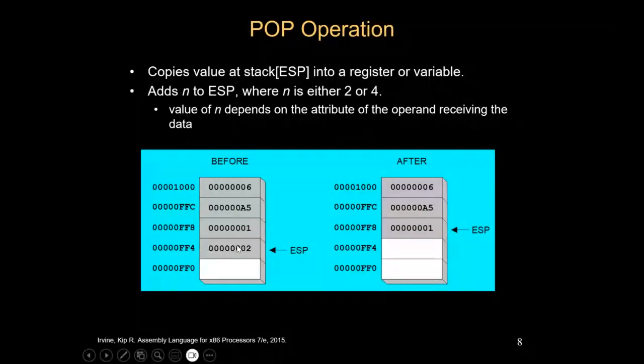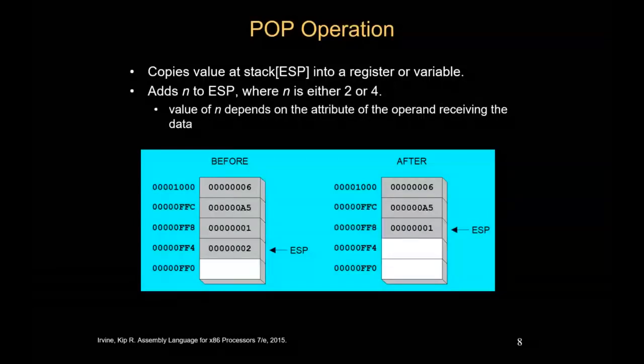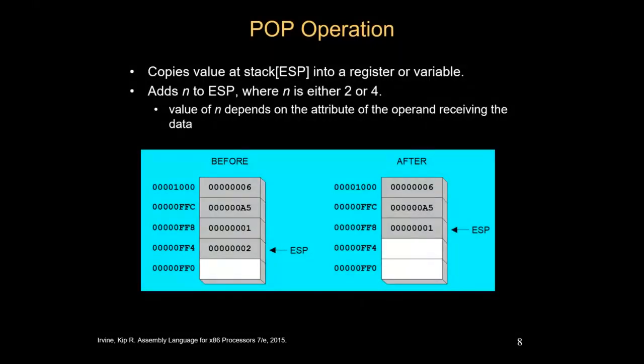If you say pop, it will remove 000002, and after the pop, the ESP has to point to the value that was added before 002. Now the ESP is pointing to 8701. I don't think that is too much of rocket science, isn't it so?